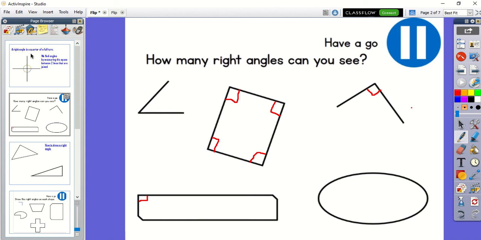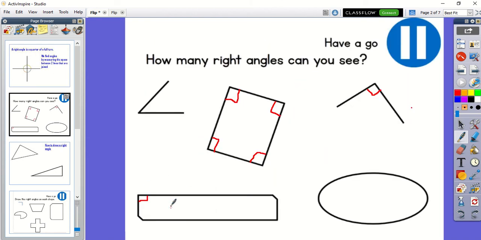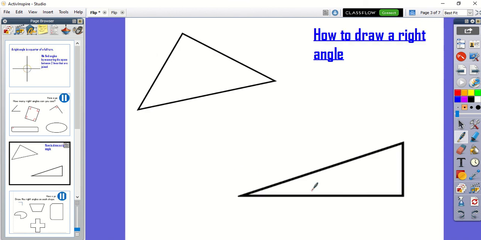Now, as you can see, compared to how these right angles are drawn, I've drawn my right angles a bit differently. Okay, and that's because right angles are special. Right angles represent a quarter of a turn, so to make it easy to identify, we draw them like that. Okay? And as you can see, it makes a bit of a square.